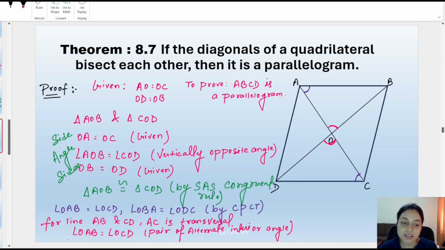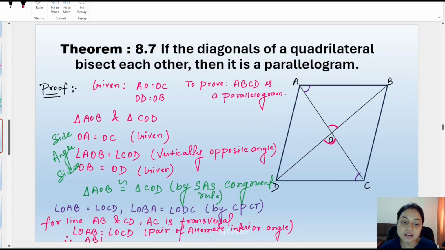Hence we can say, therefore, AB must be parallel to CD, right? We have proved that AB is parallel to CD.